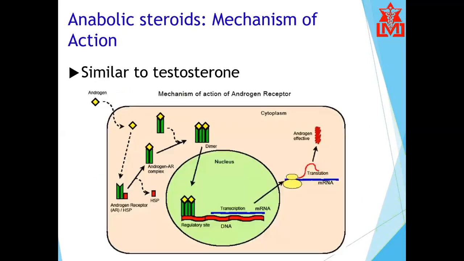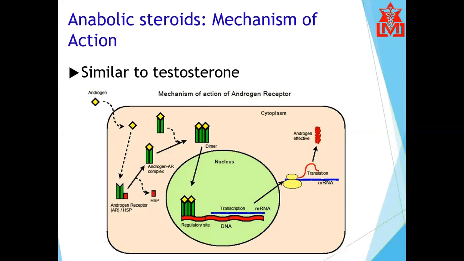The mechanism of action is similar to testosterone. They work inside the cell, where, because it is an androgen, it gets attached to the androgen receptors. It is then presented as an androgen receptor complex dimer.